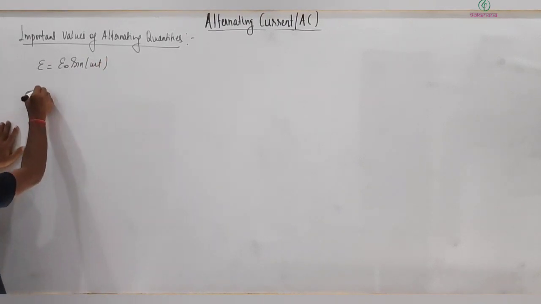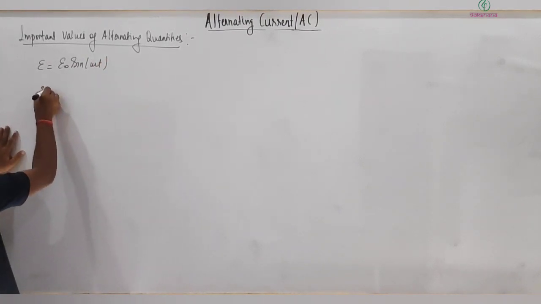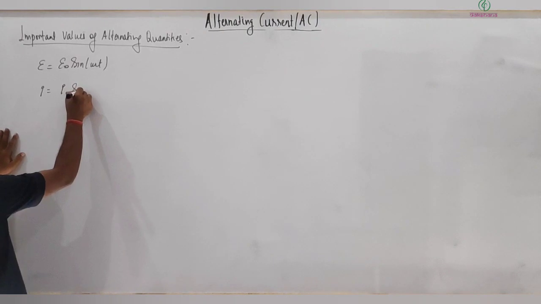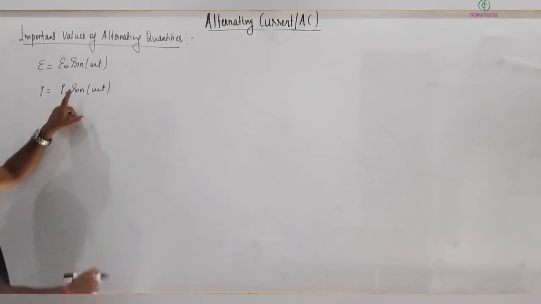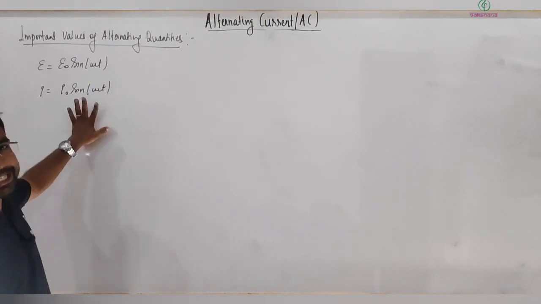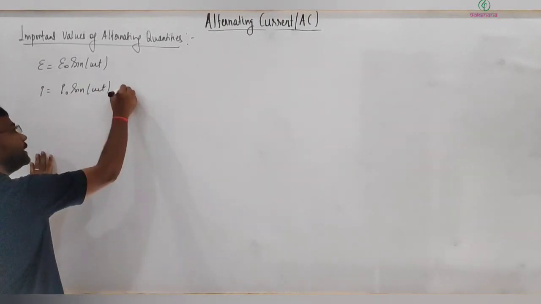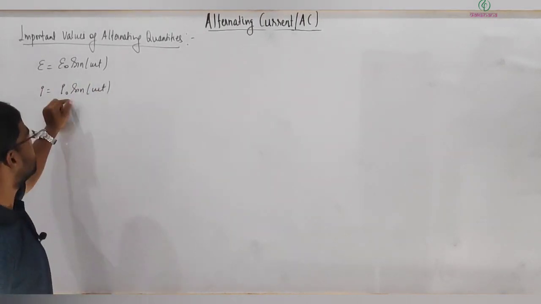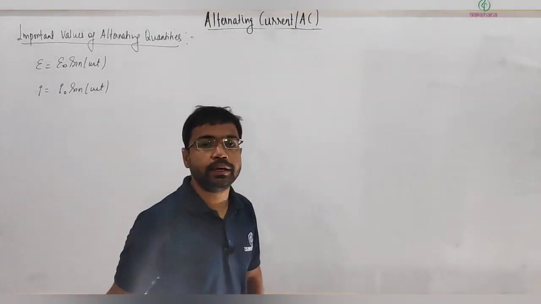It can also be a current source, I is equal to I naught sine of omega t, may be expressed in terms of cos also, there is nothing wrong, both are exactly the same thing. And here we understood that both are alternating quantities.